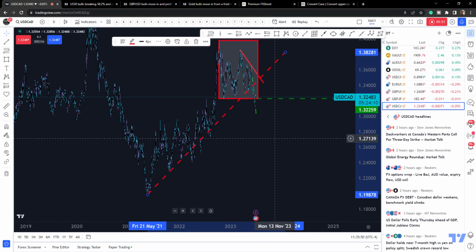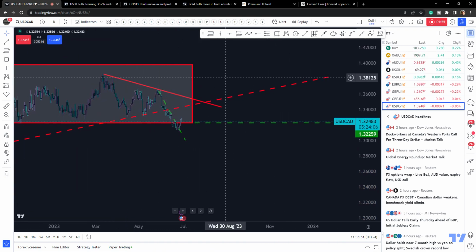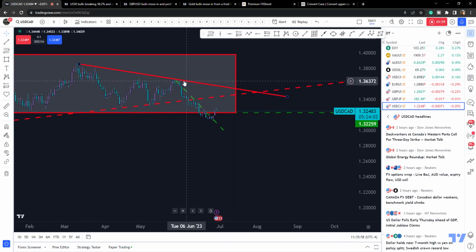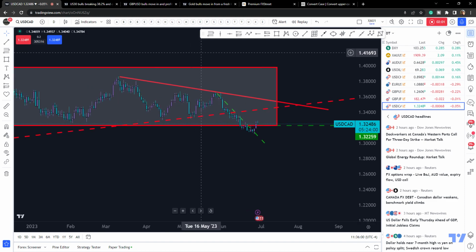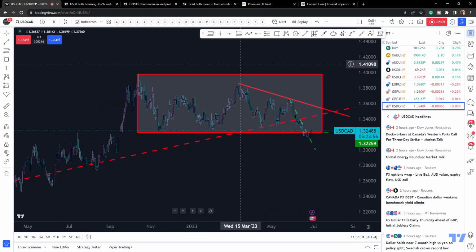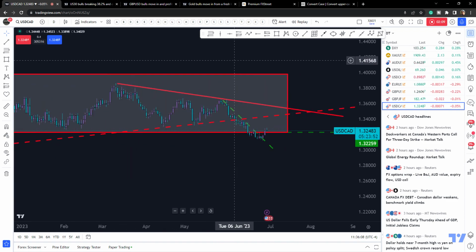Now this move has been built up over time on prospects of the Federal Reserve pausing and potentially staying on hold for some time to come.